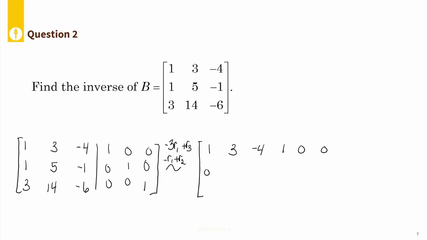That would become 0, 2, right? And 3. And then negative 1, 1, 0. Then 5, 6 there, and then of course this will just be -3, 0, 1. Is that what we got?